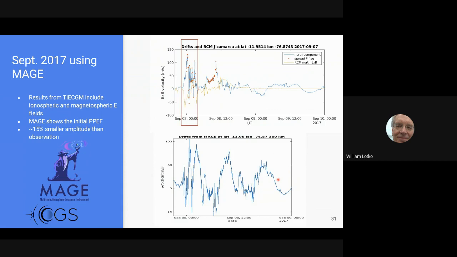While the increase of the upward drift from MAGE is doing a reasonable job in the vicinity of the red box that you showed there, it also has what looks to be significant upward drifts later that don't seem to be observed by Jicamarca and so on. Maybe the answer is that it's this complicated storm that Mary was talking about, but if you have any insights into why that's occurring, do you have any?